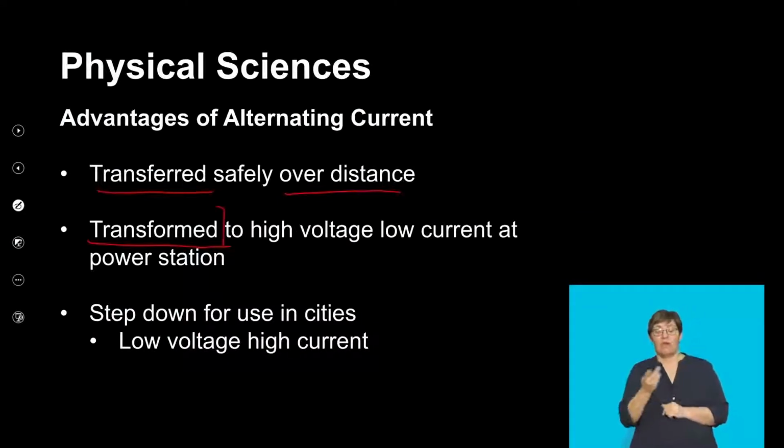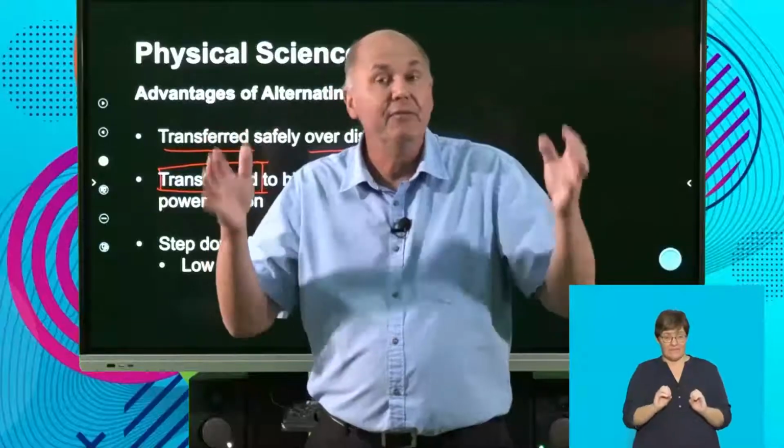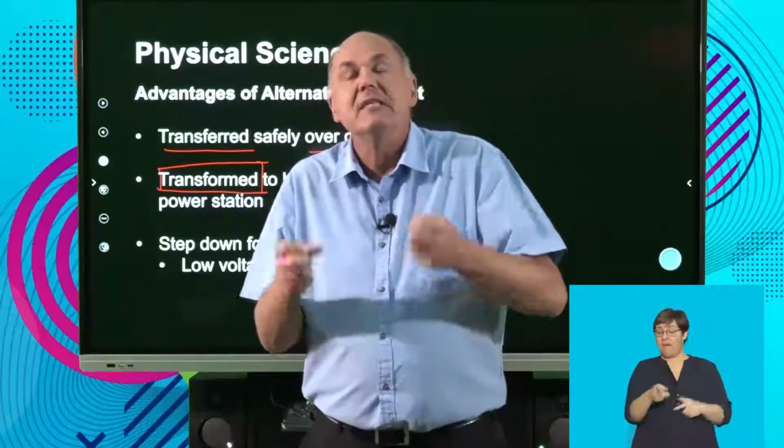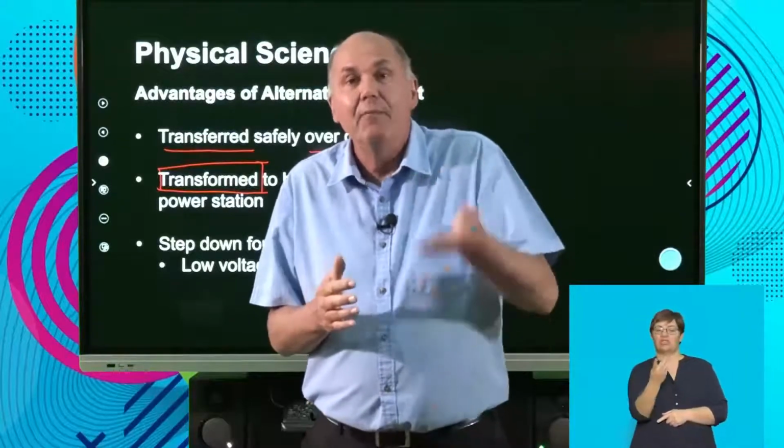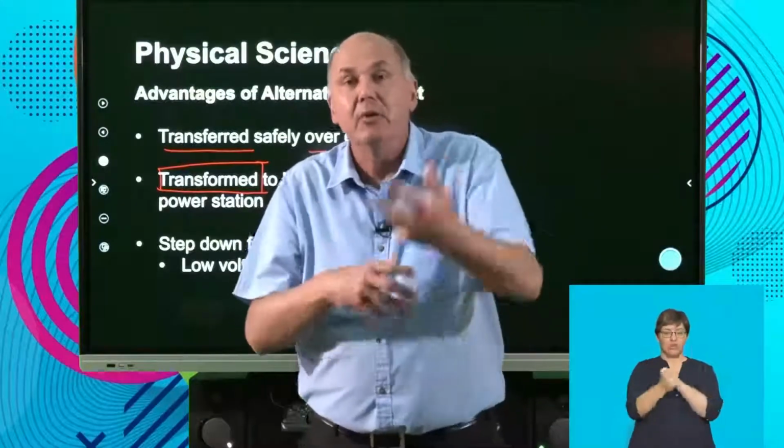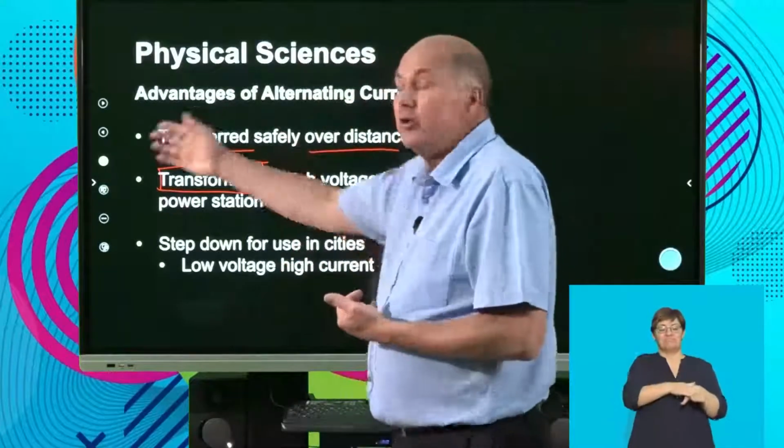So a transformer, which you might go past if you're living in the city, you might see there are substations and there are transformers. Alternating current is easy to transform because it's changing. And because there's a changing strength of electric field, there'll be a change in magnetic field, and that will induce a current in the transformer.